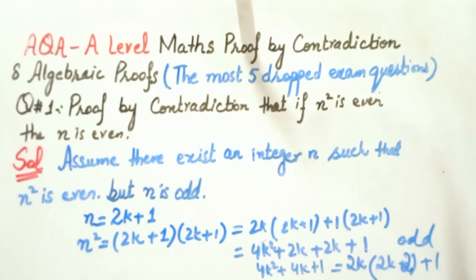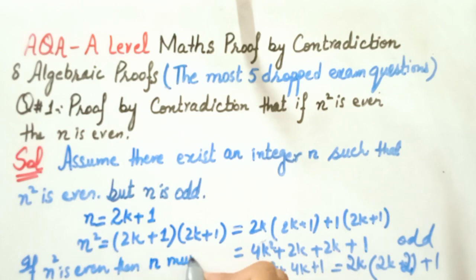So we will conclude that if n square is even, then n must be even. So this is the solution.